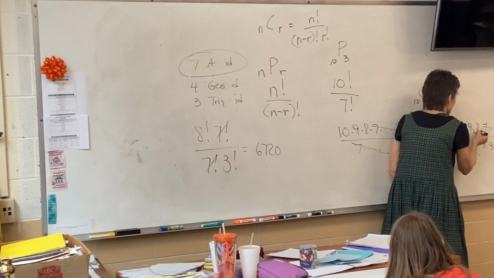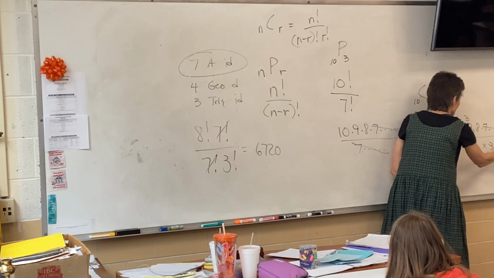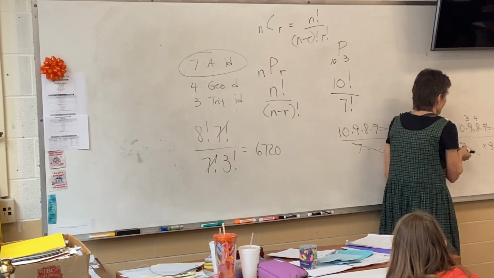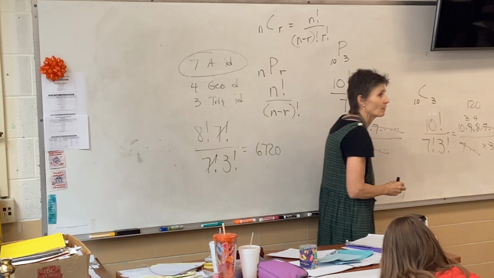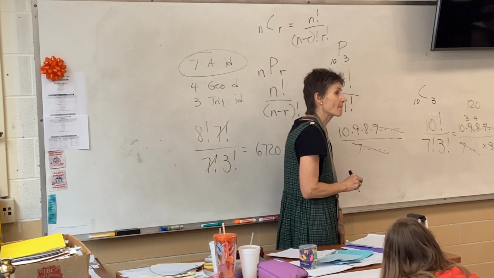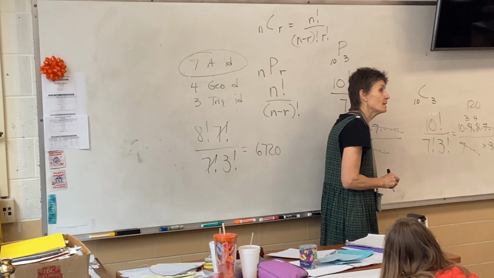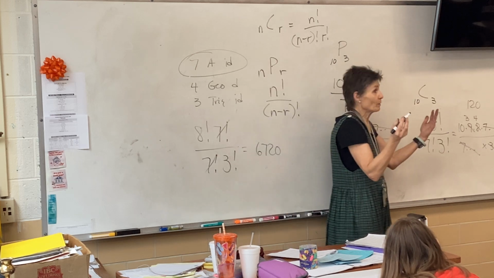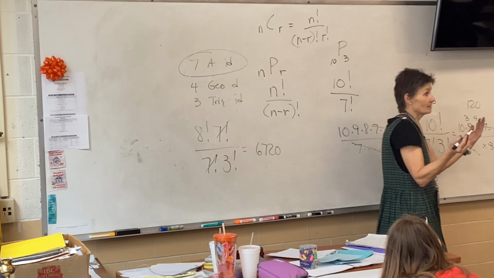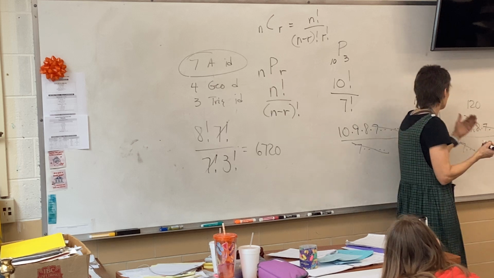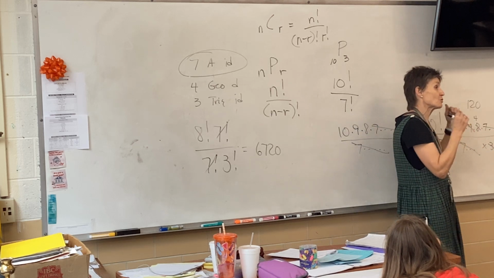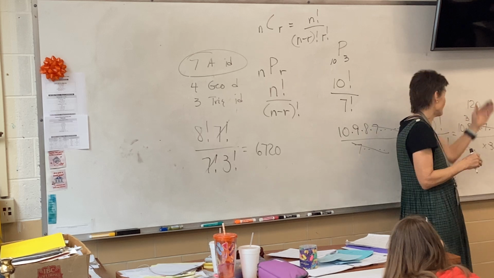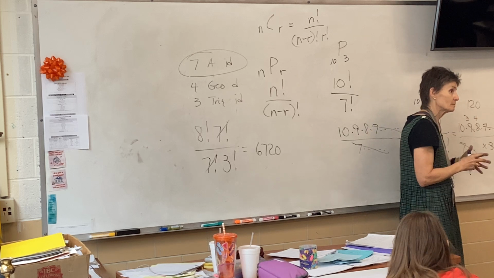The 3 goes into the 9, the 2 goes into the 4, so 10 times 3 times 4 is 120. Yes, Caitlin, your calculator will do this problem. But if you are being asked to do it by hand, then this is doing it by hand.